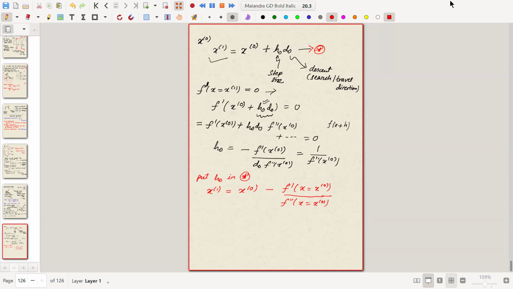Is it clear? And this is our method for optimization.